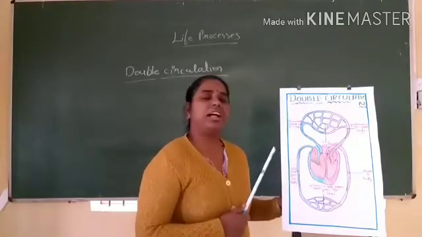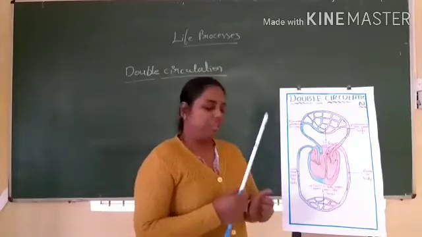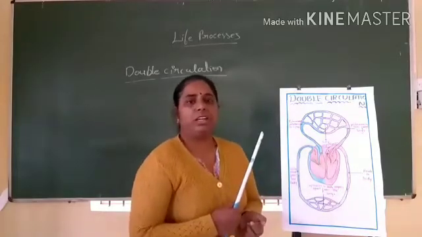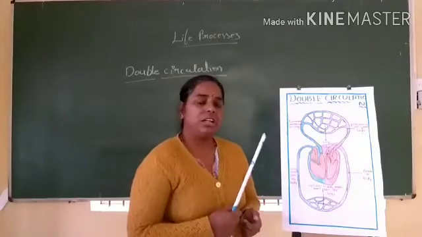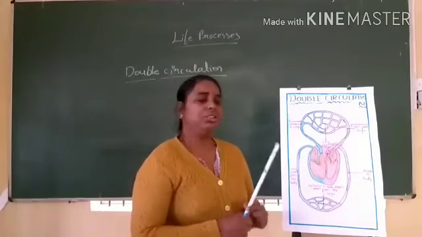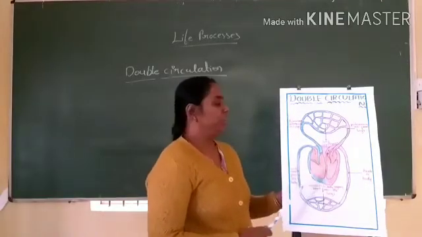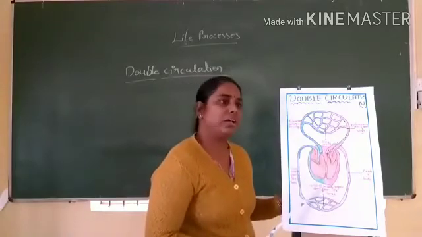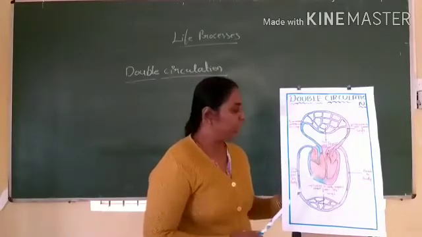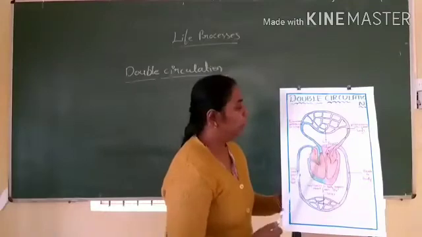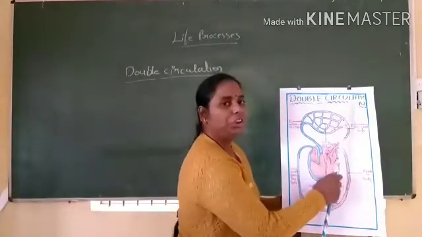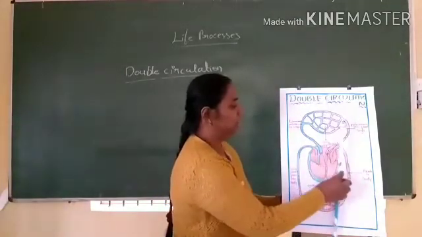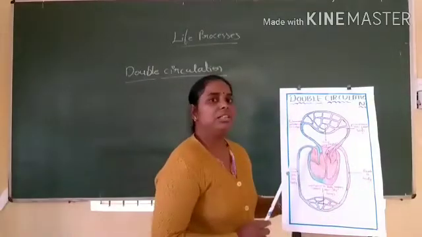What will you do for that? You will wear warm clothes, gloves, and sweaters. That is how we maintain our body temperature. The mammals and birds require lots of energy, and that efficiency is brought by double circulation, by keeping the oxygenated and deoxygenated blood separated.